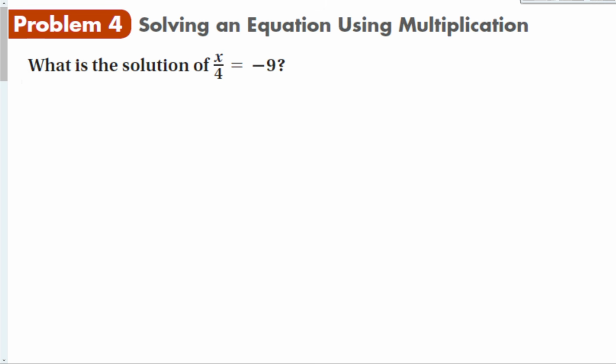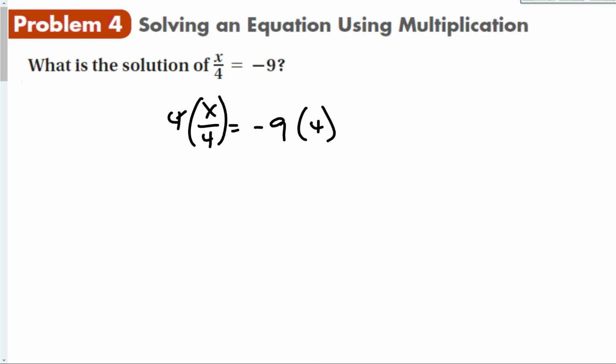After multiplication comes division. To solve this equation, and I'm just going to write it over again so I have a little more room, which has division, x divided by 4 is equal to negative 9, I need to multiply both sides by 4.